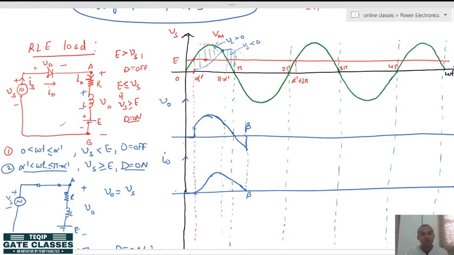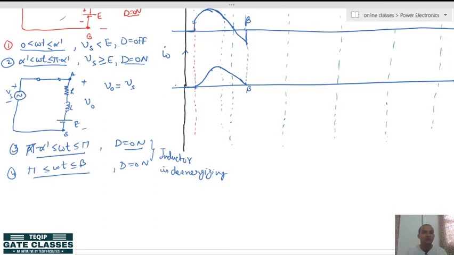Now one thing you have to notice here is that prior to the turning on of the diode, in the 0 to alpha dash instant, the output voltage was not 0 but equal to E. Why is it so?